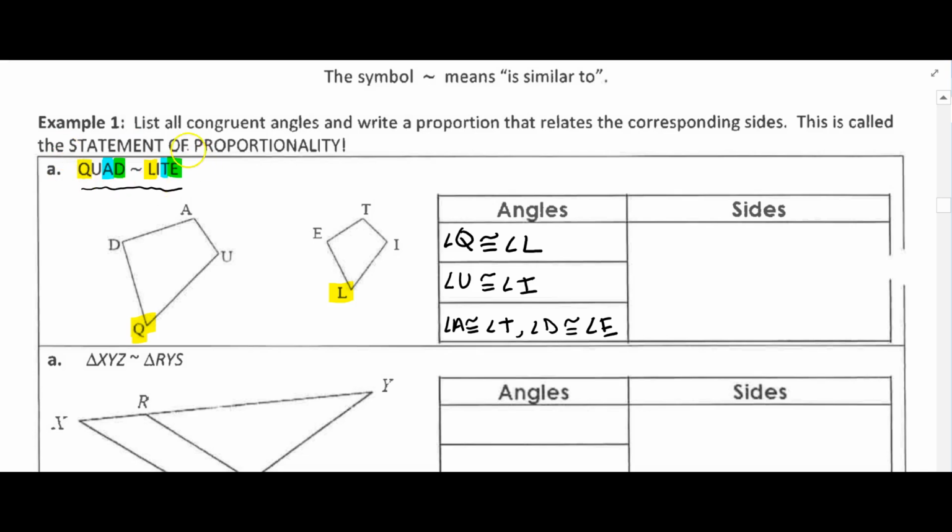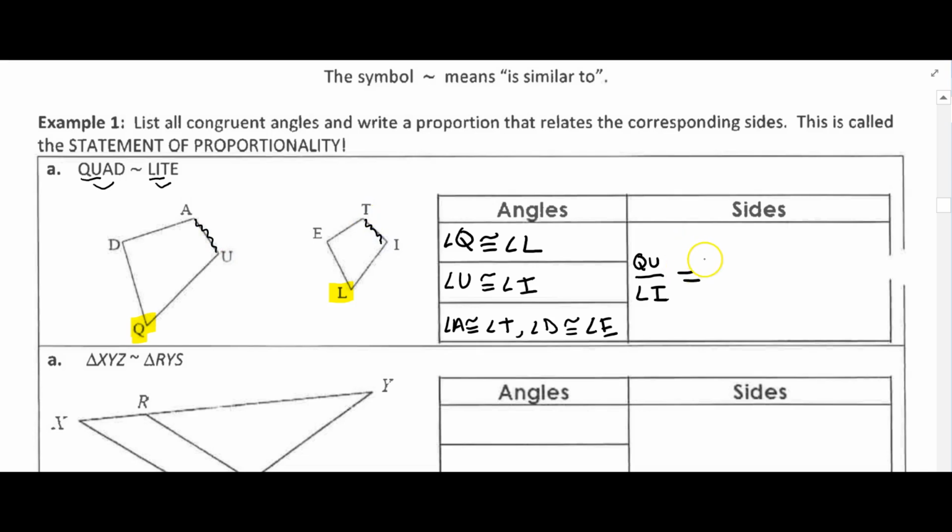So again, I'm going to use this similarity statement here to help me, but you could also use the picture. So let's start with segment QU and segment LI. QU is over here and LI is over here. Those are corresponding sides. So let's make a ratio out of those sides. QU is to LI as, now let's do the next set. I have UA and IT. Again, we can see here's UA and here's IT.